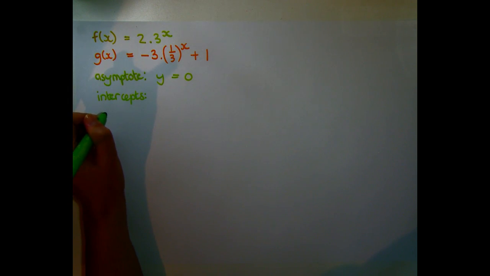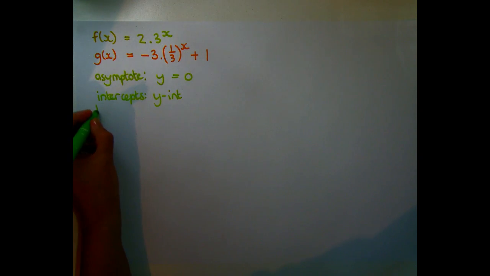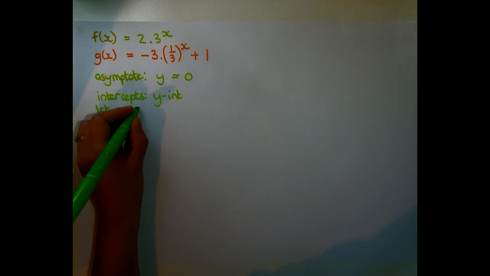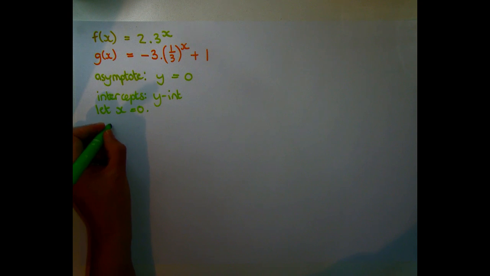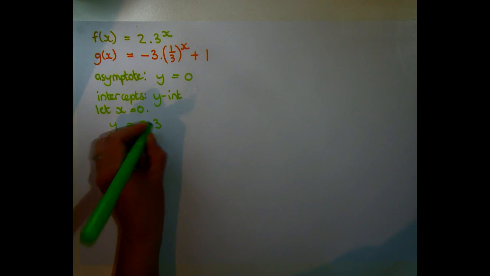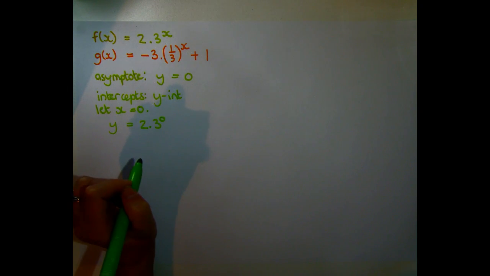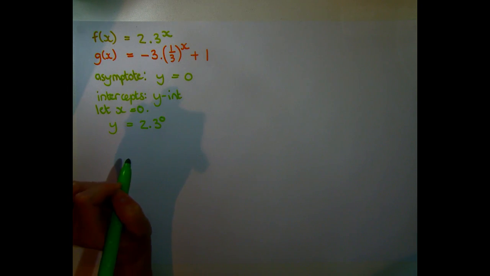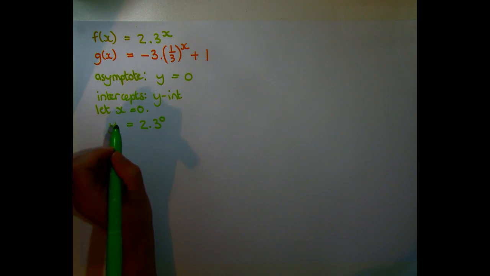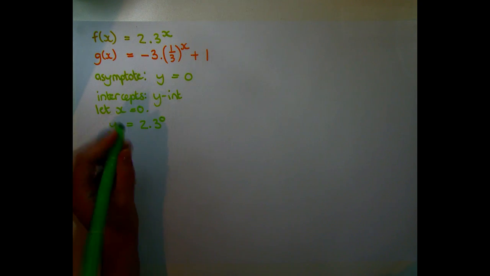So for f of x, we're going to find the Y-intercept, if it exists, which means we let x equal 0. So that means for the graph y equals 2 times 3 to the x, we're going to let x equal 0. Now, with exponential understanding, we can do this in our heads, but I recommend, because your focus needs to be on graphs right now, that you simply plug that into your calculator.